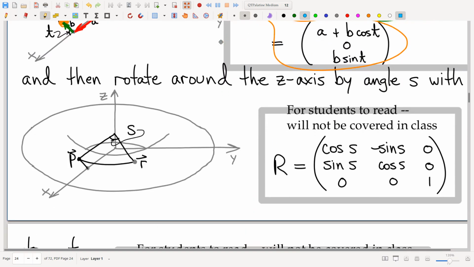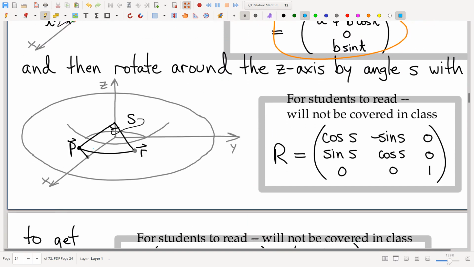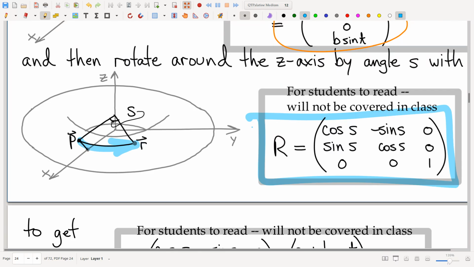What you're going to find is that this rotation is executed by that matrix right there. Make sure you can do that. If you get stuck, of course, come to office hours. Happy to help. No problem. I want to make sure everybody's good at this. If you're already good at that, if you already get where these columns come from, cool. All good. If you have any questions, come talk to me. We'll talk through it.